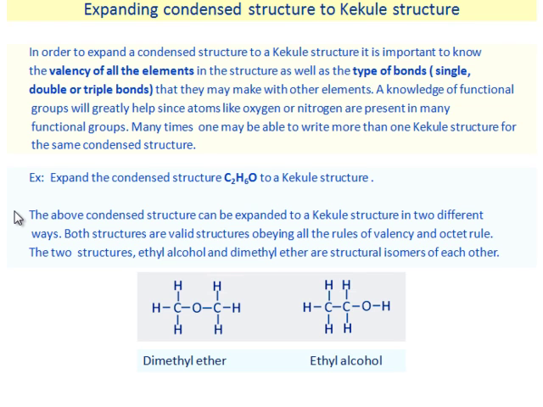The above condensed structure can be expanded to a Kekule structure in two different ways. Both structures are valid structures, obeying all the rules of valency and octet rule. The two structures, ethyl alcohol and dimethyl ether, are structural isomers of each other.